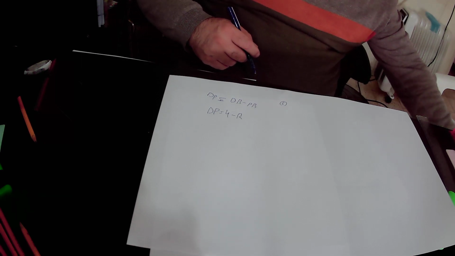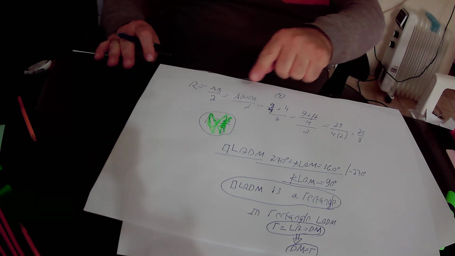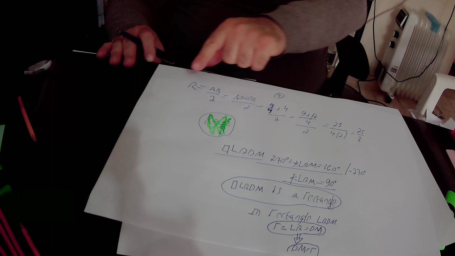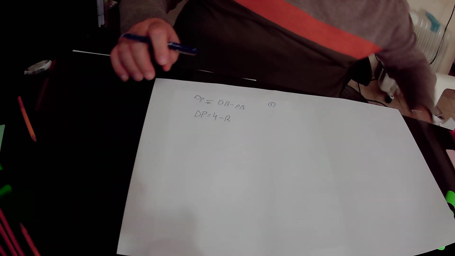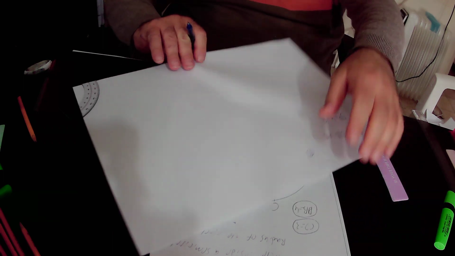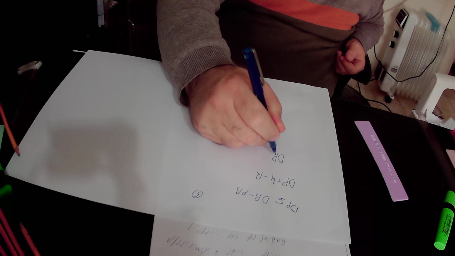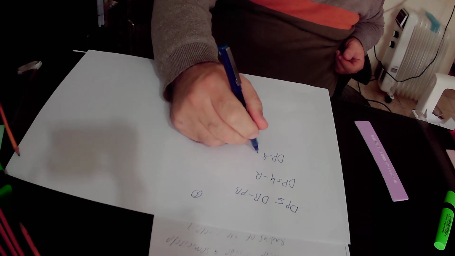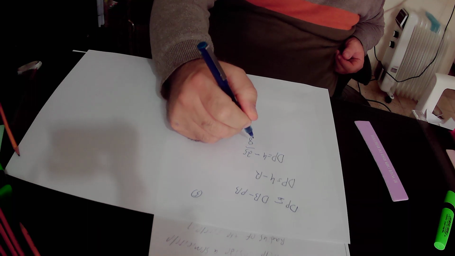But we have already found out that capital R equals 25 over 8. So we can substitute R by 25 over 8. So dP equals 4 minus 25 over 8, according to what we have already found.